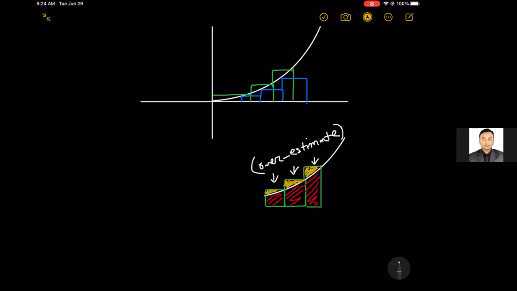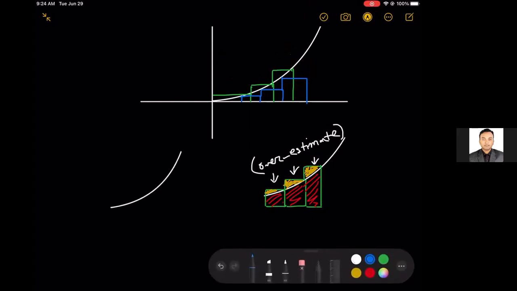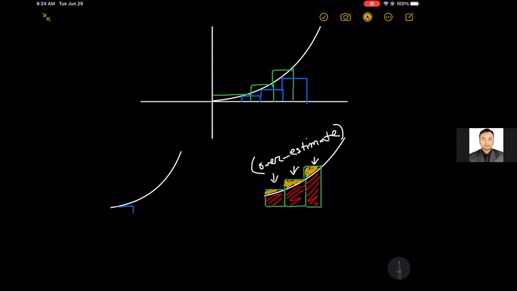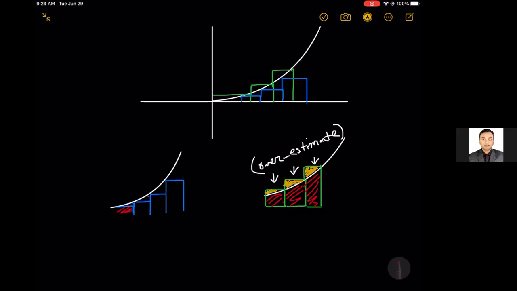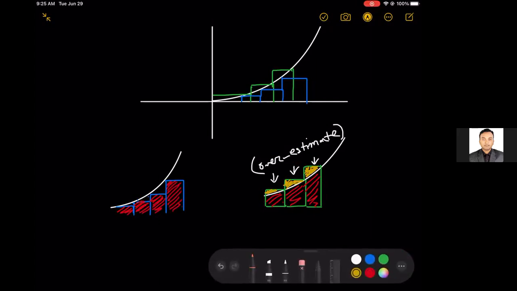And if I do this way and find the area under the curve, let me show you what happens. This is the areas of the rectangles which will be adding to approximate the area under the curve. But if we do that, once again, we'll have this.